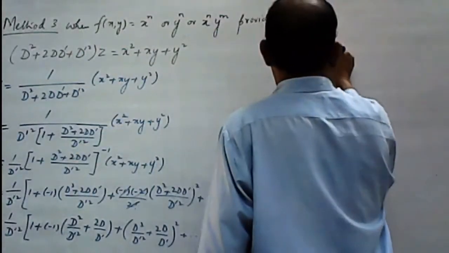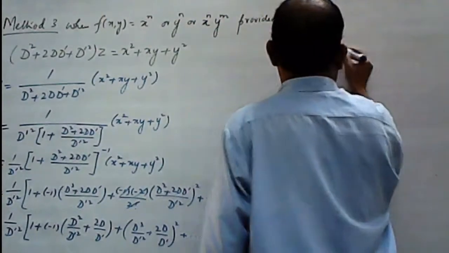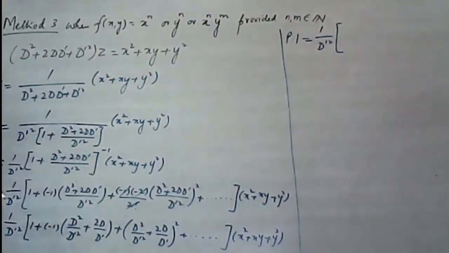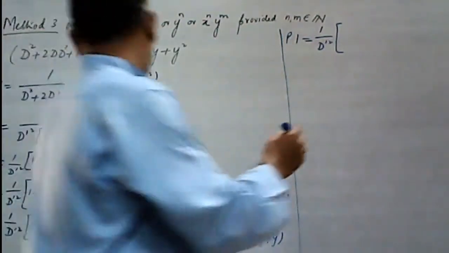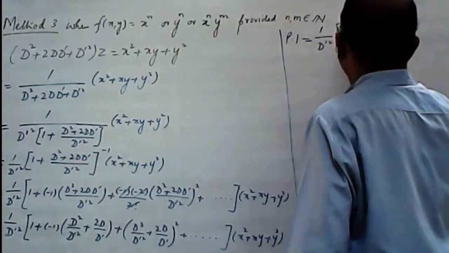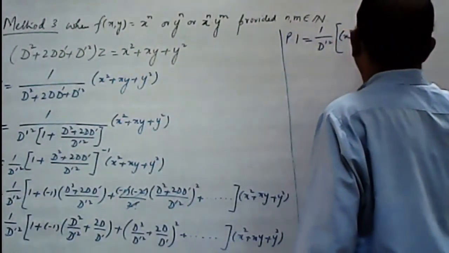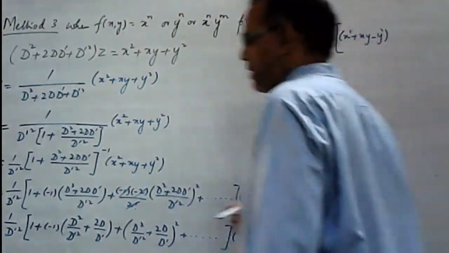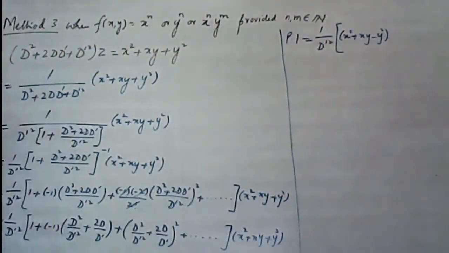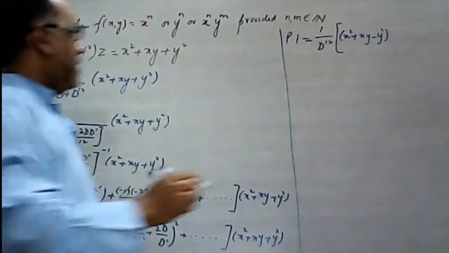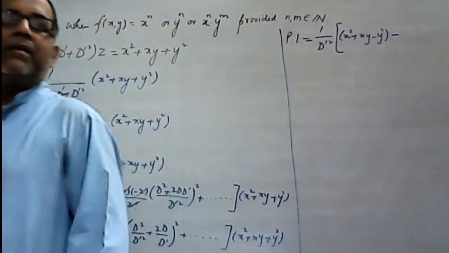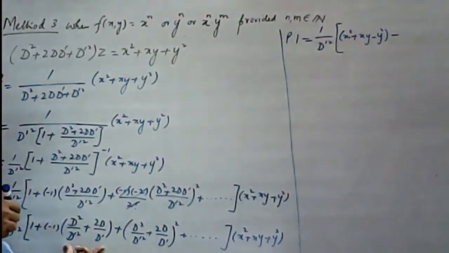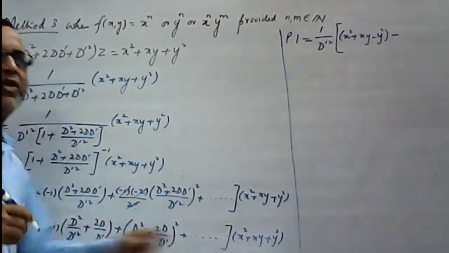So this is 1 upon D dash square, then bracket, then 1 applying on this term, so it becomes x square plus xy plus y square, then minus, and now we will apply this term on this term.